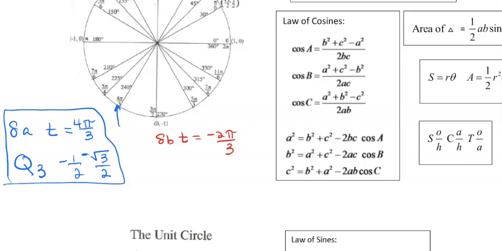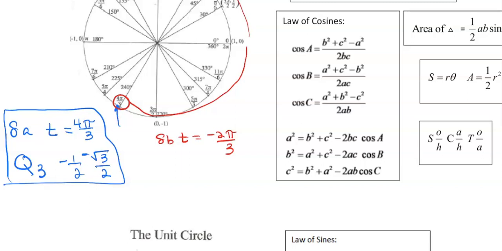I see that +2 pi/3 is right here. If I travel that distance in a positive fashion, I'll get to that angle. What if I travel that distance in a negative fashion? I will get to 4 pi/3, and I'll be in quadrant 3 for that angle.